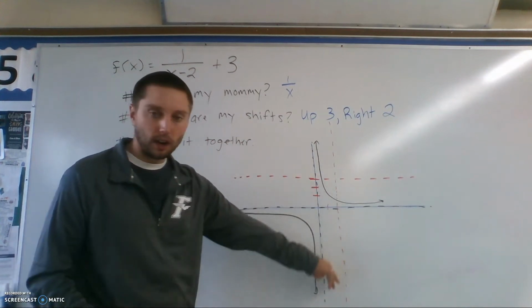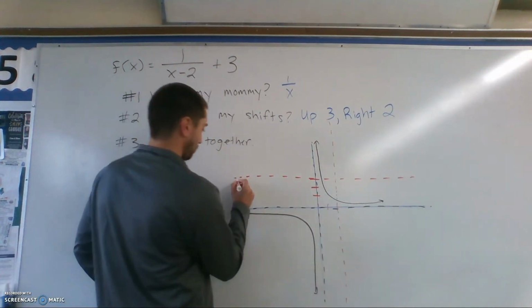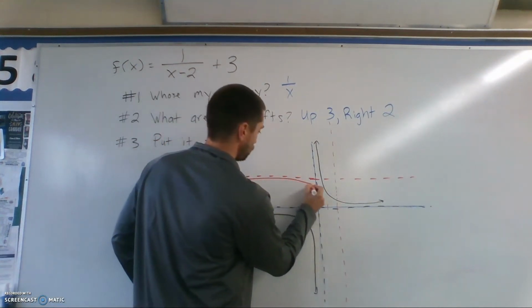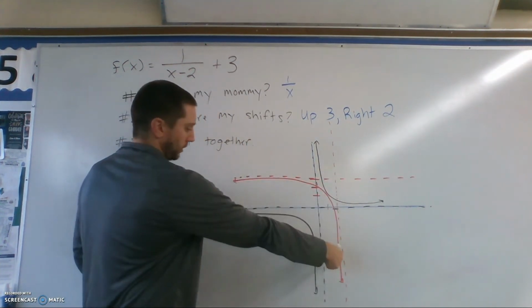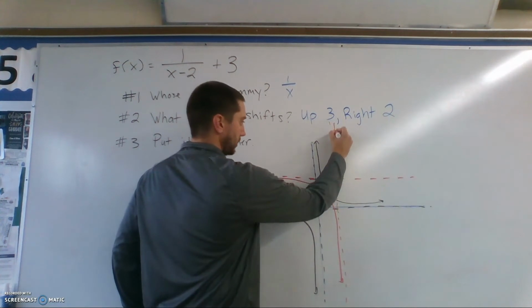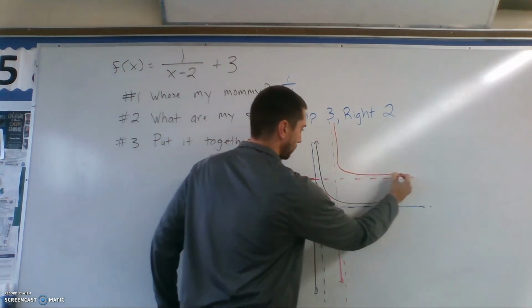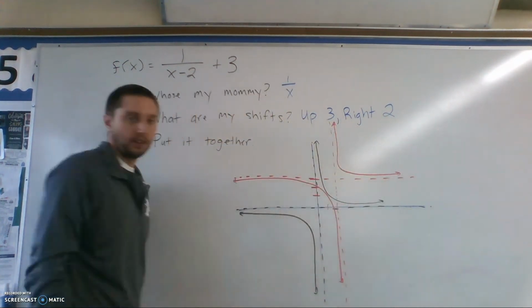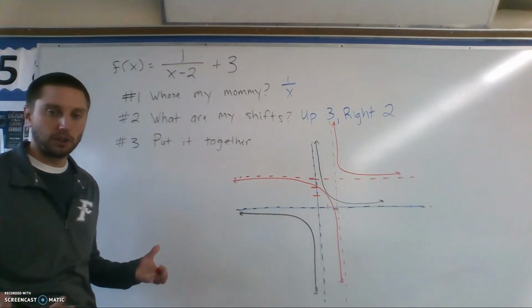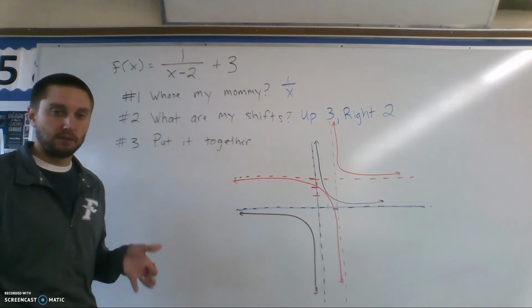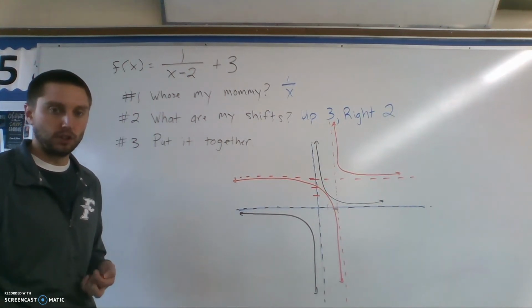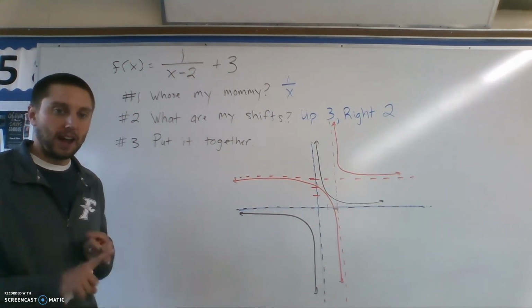Well, remember, this graph just is going to hug these asymptotes. So it's going to hug my horizontal and vertical asymptote, and then up here, it's just going to hug the horizontal and vertical asymptote. So really all I did there was I just kind of changed the location of the axes.